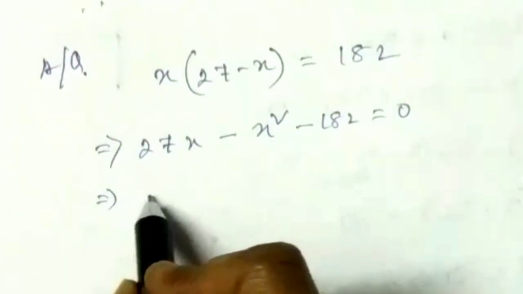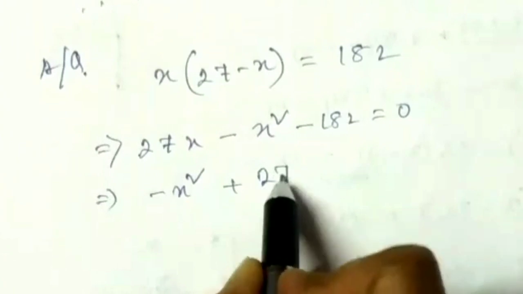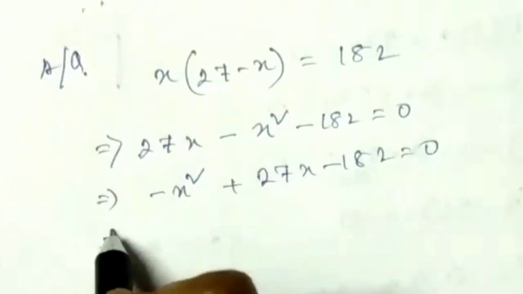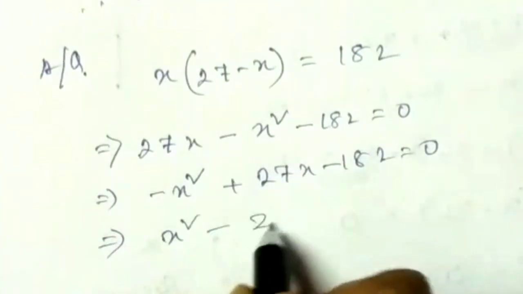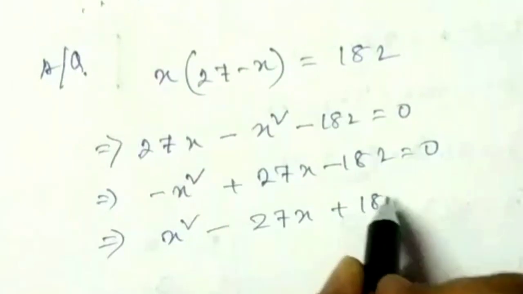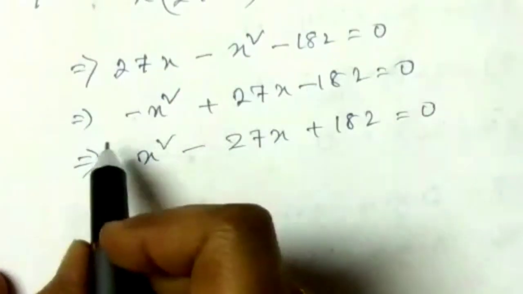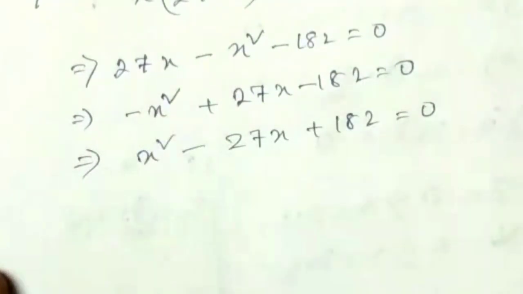Now I'll write this x square in front, plus 27x. For bringing it in the standard form, this minus is to be removed. So all the signs will be changed. For removing this minus sign, we need to multiply the whole expression by minus 1.